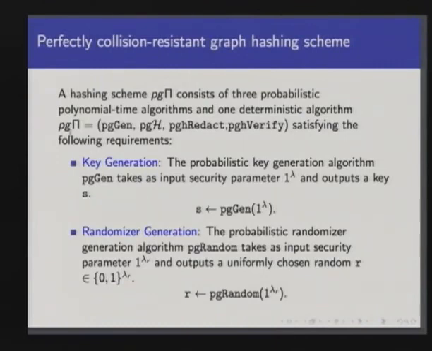So once again, when we talk about perfectly secure graph hashing scheme, there are 4 functions: perfect graph hashing scheme generation, perfect graph hash, reduction, and perfect graph hash verification.